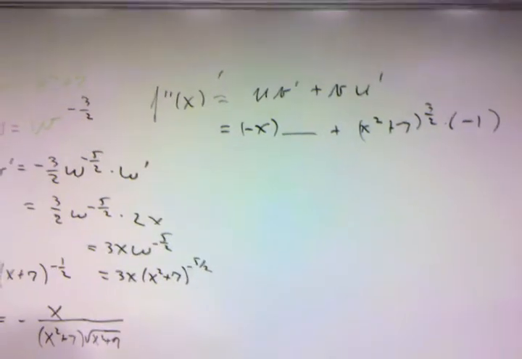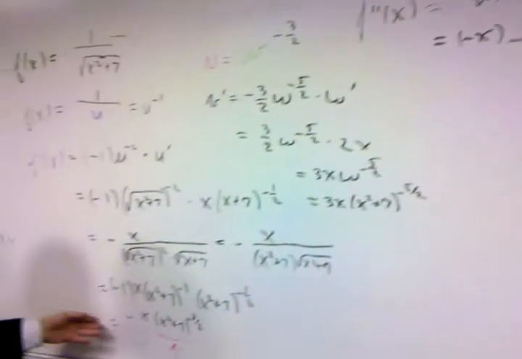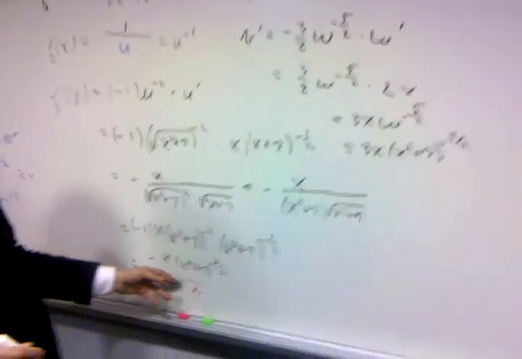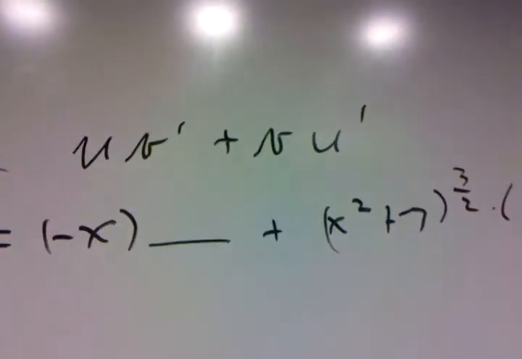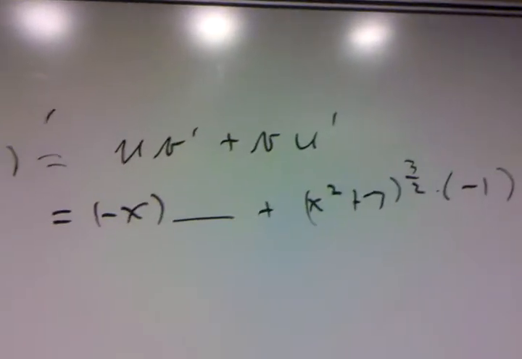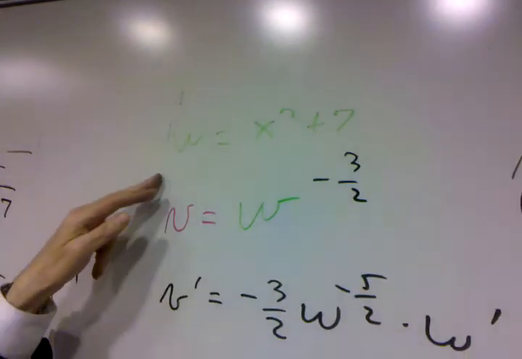So remember I had to do two tricks. First I looked at this function as a product of u and v, and I used my product rule over there on the extreme right. Then to find v prime, I used the chain rule. I defined v to be w to the minus 3 halves, where this was w.